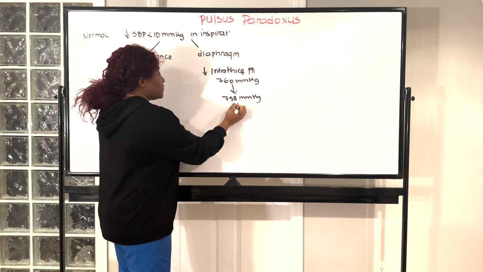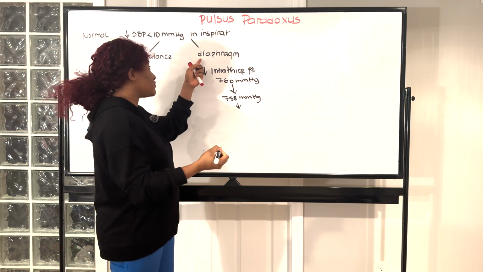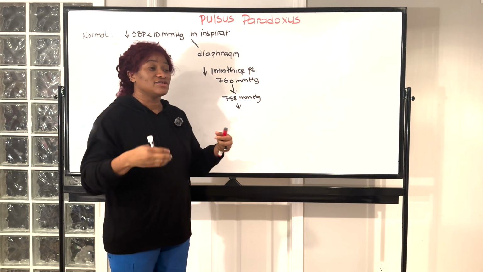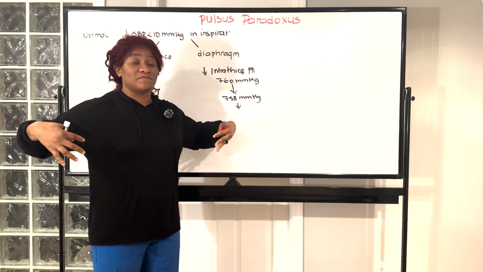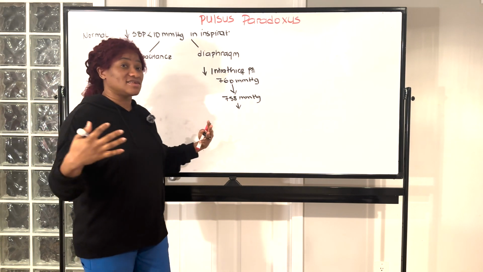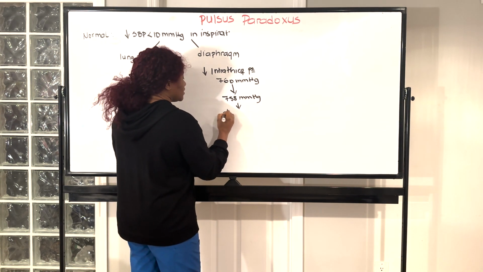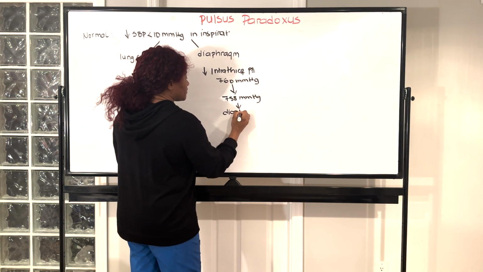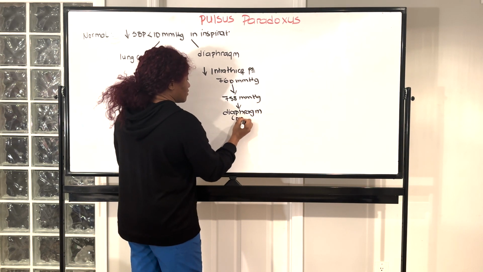And when the air is moving, remember the main muscle of the respiration is the diaphragm. The diaphragm is gonna contract down to increase the space of our thoracic cage so we can get more air during inspiration. So here we're gonna put diaphragm contracts down.